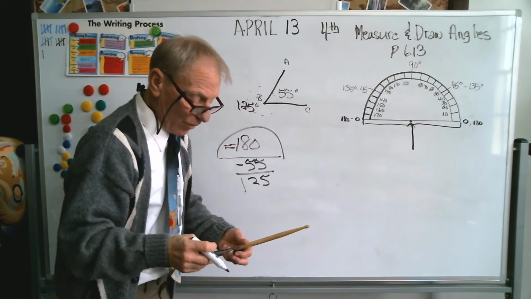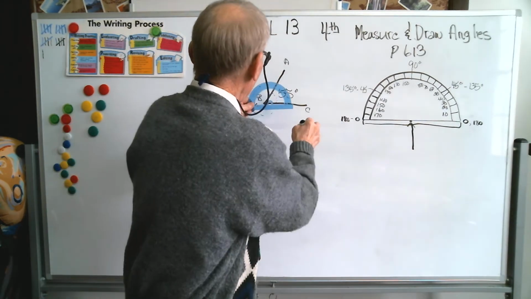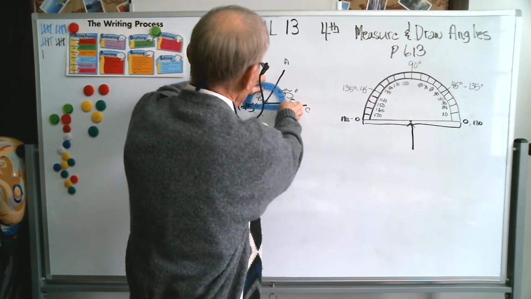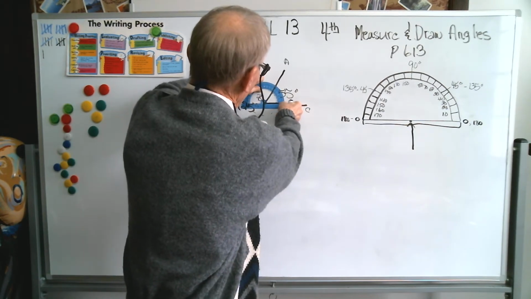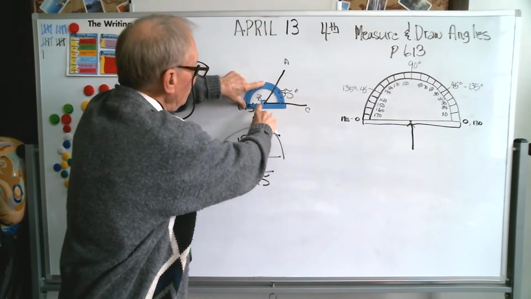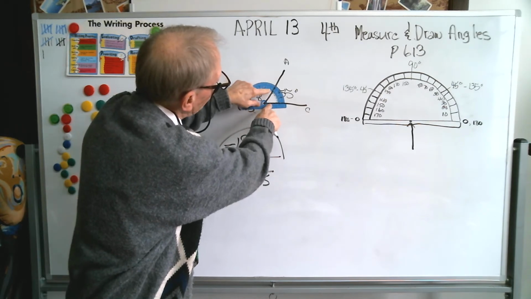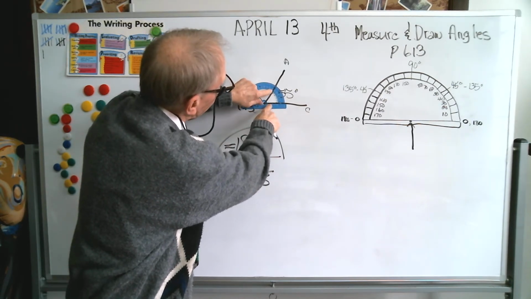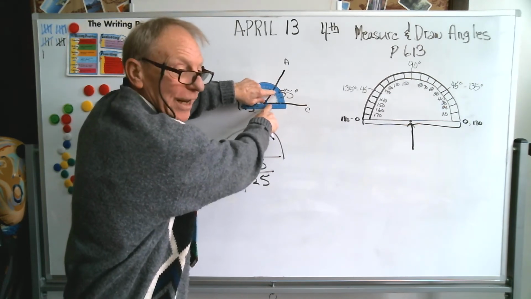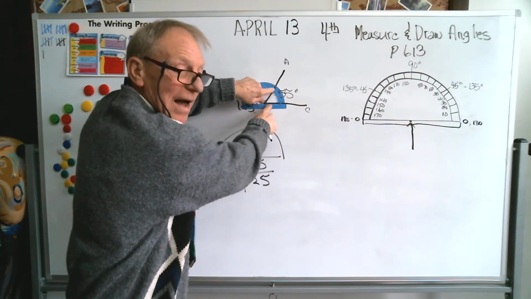If I'd have measured the outside angle first and come up with 125 degrees, I would be able to do that with a protractor by simply putting the protractor right on the vertex, lining it straight up with the 0, and then coming in the opposite direction, in the clockwise direction, and I see that it crosses right in between the 120 and the 130, the bigger numbers, which is 125.